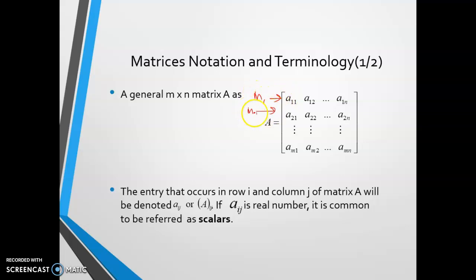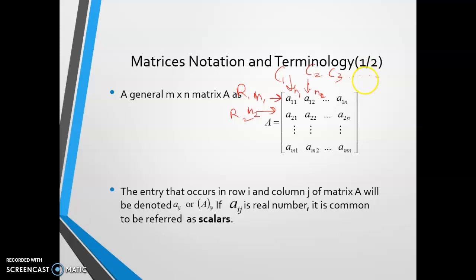Okay, next, a general M times N matrix A, so M, M1, M2, so on and so forth. This is N, N1, N, ataupun row1, row2, C1, C2, C3. Okay, the entry that occurs in row i and column j of matrix A will be denoted aij if aij is your number.